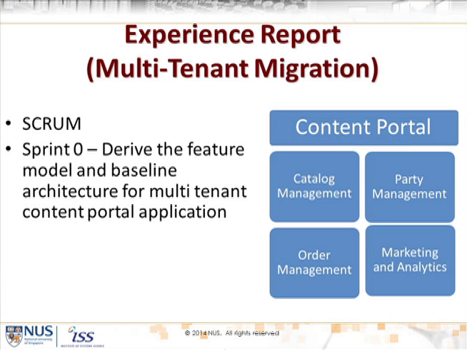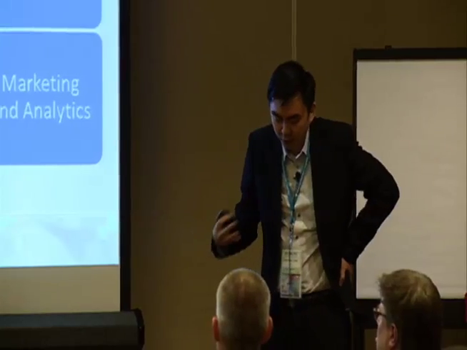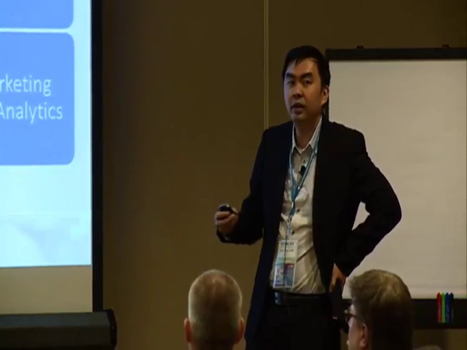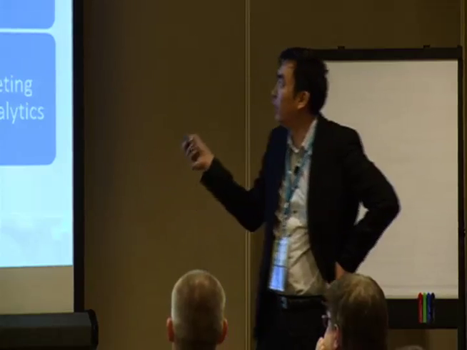They wanted to migrate this single-tenant application, which is a Java EE application, to a multi-tenant one. Based on what we have researched and what we know of the past models, we tried to do this using the Scrum methodology to migrate it to a multi-tenant application.